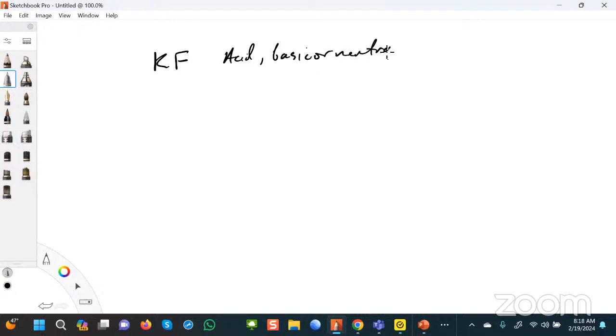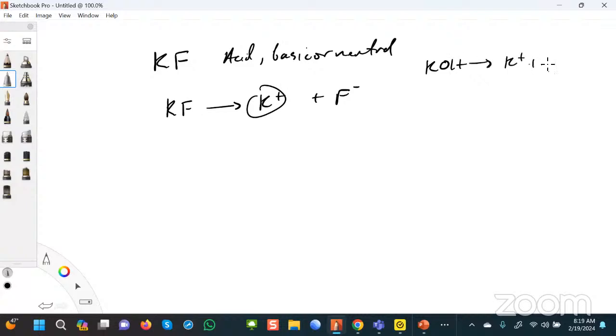So what you'd have to do is first look at what happens when potassium fluoride is dissolved in water. It forms the potassium ion and the fluoride ion. And then you have to ask yourself, will each of these interact with water in any meaningful way, right? Well, because potassium is from group 1A and can be formed from a strong base, which would be potassium hydroxide, to give you K+ and OH-, that means that this is very weak, right?